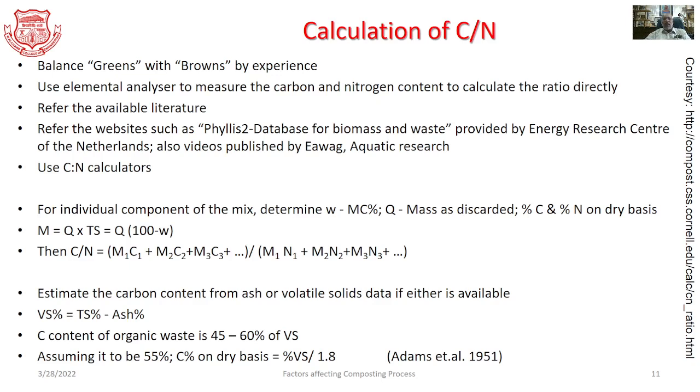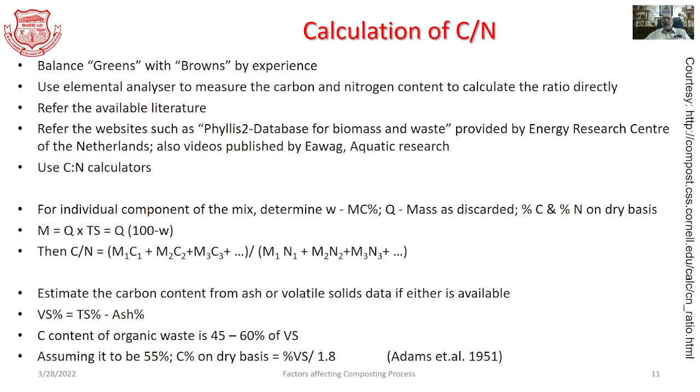In order to have this C by N ratio calculated, we can even follow the mathematical approach. So here for the given mix, for the individual components of the mix, we can determine the moisture content as well as its mass on weight basis, the percentage C and percentage N on dry basis. Here one can make use of an elemental analyzer, or one can use the literature.